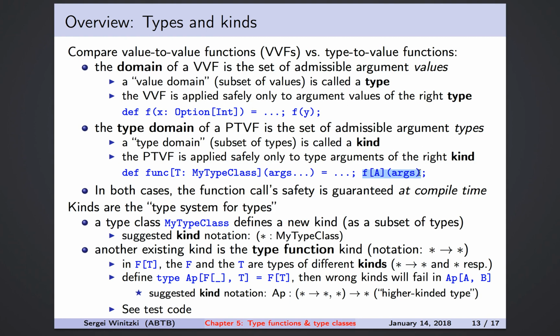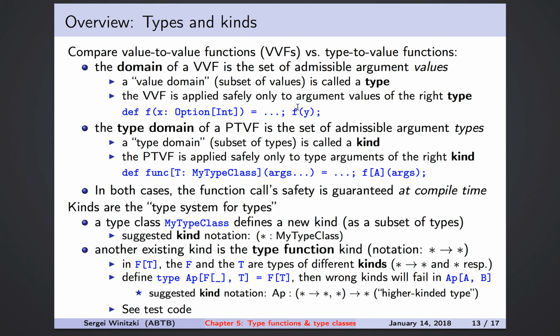But no matter, it will still be a compile-time error. So kinds are the type system for types. Values are of the right type, type arguments are of the right kind. A type class, such as my type class, defines a new kind as a subset of types.